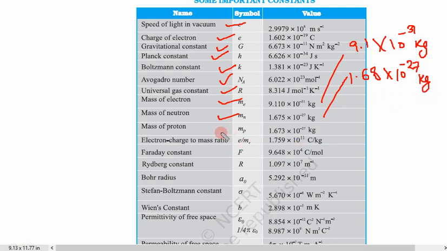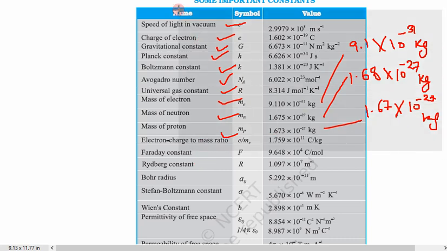We will remember these numbers as we go on. Mass of proton, a little bit less than this: 1.67 into 10 to power minus 27. If we check both, they are very similar, but electron at 10 to power minus 31 is very, very light in comparison to the proton.